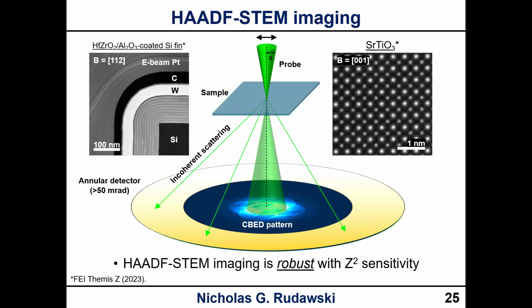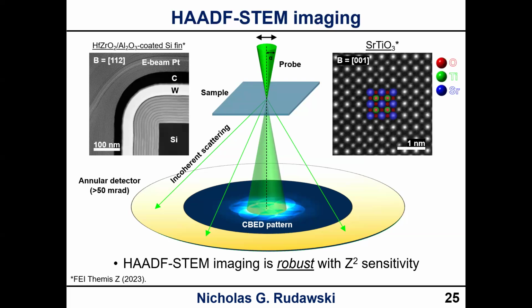But we can also go down to the atomic level. If we look at strontium titanate along [001], which I would maintain is maybe a close second to silicon in terms of the most studied zone axis ever, particularly as it pertains to HAADF-STEM, we can use this to directly image the structure of the strontium titanate.